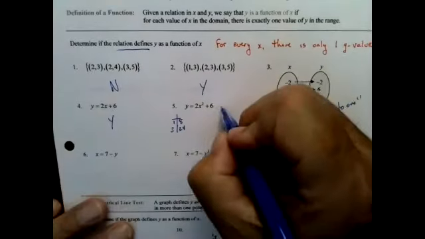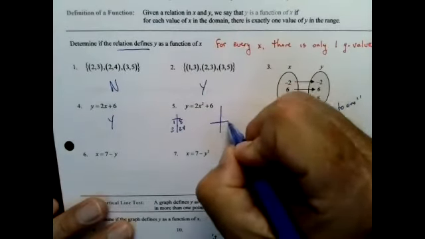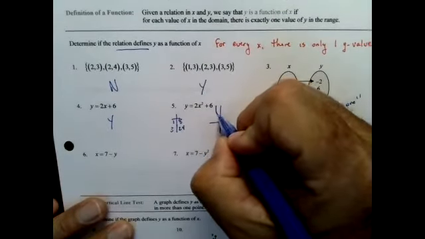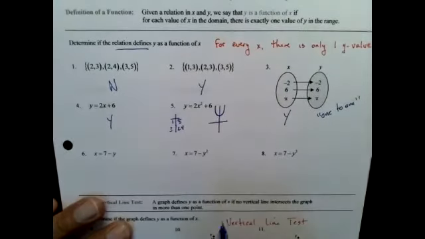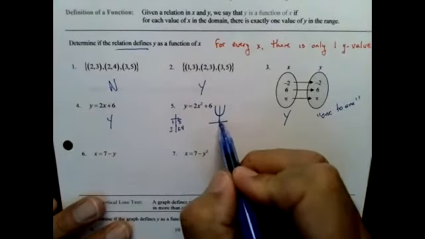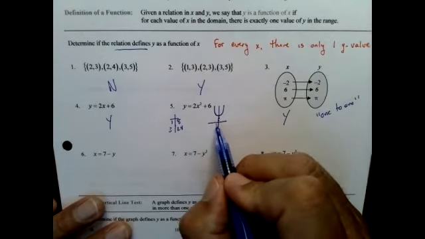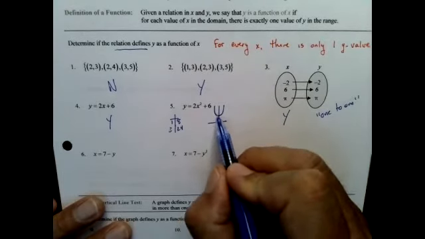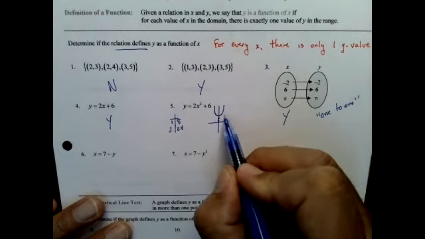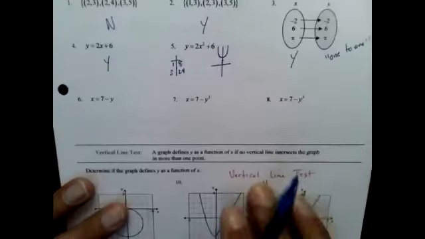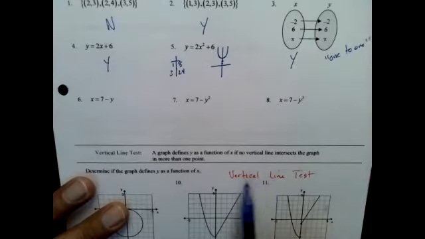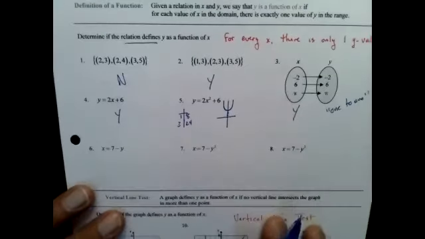If I looked at this graphically, and eventually this is something you're going to be able to do, it's going to look something like this. It's going to be up here at 6. And every X, as I move across the axis, has only one Y value. You're familiar with something called the vertical line test, if you can look at the graphs.